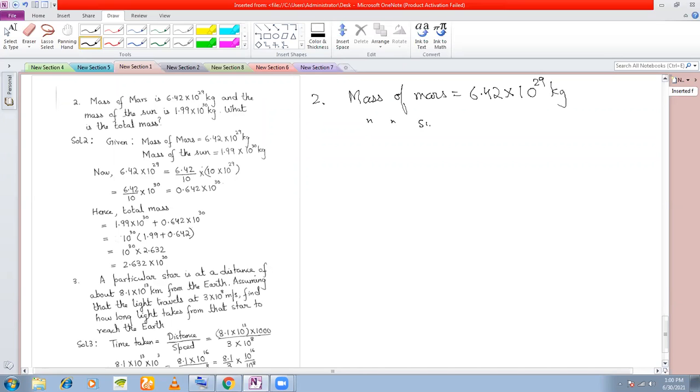Mass of Sun is 1.99 into 10 to the power of 30 kg. What is the total mass? Total mass is addition of these two. Therefore, total mass is equal to 6.42 into 10 to the power of 29 plus 1.99 into 10 to the power of 30.